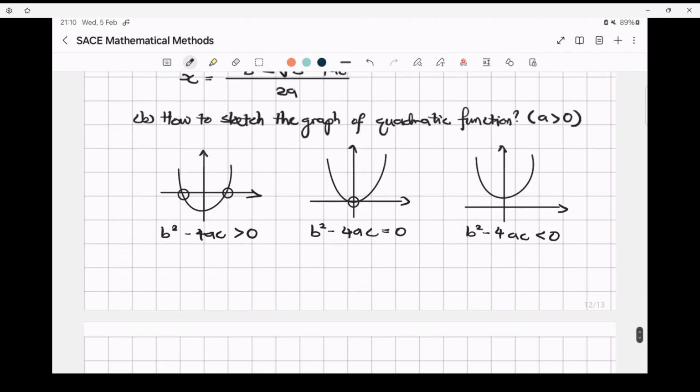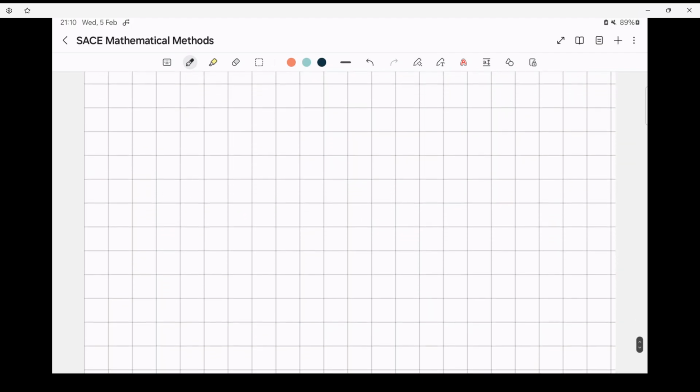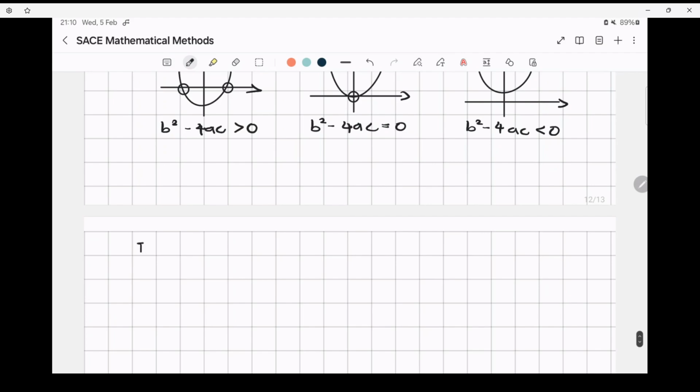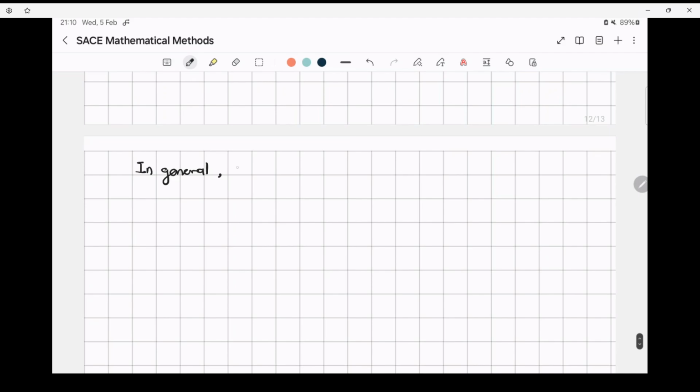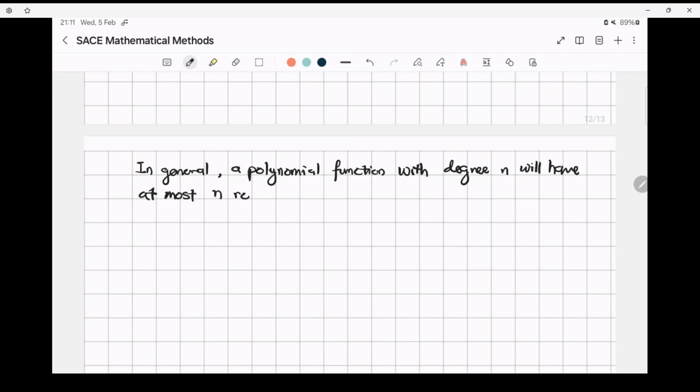So now in general, if let's say you have a polynomial function with degree n, we will have at most n roots.